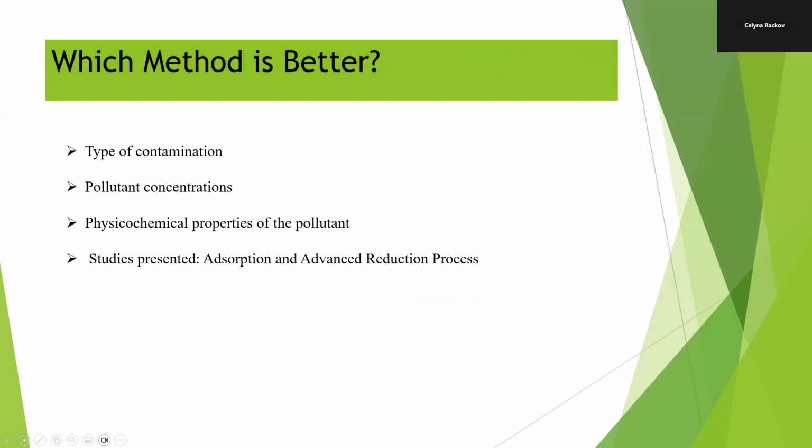Okay, but which method is better? Actually, the best choice depends on the type of the contamination. I showed here 5 different techniques for PFOA remediation, but to choose which remediation is going to be better for any kind of contamination, you need to know the type of contamination, the pollutant concentrations, and understand the physical chemical properties of the pollutants.